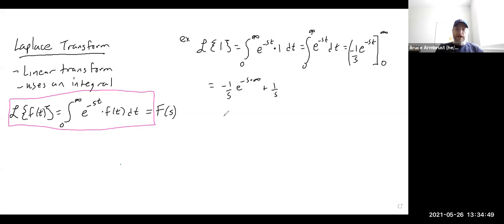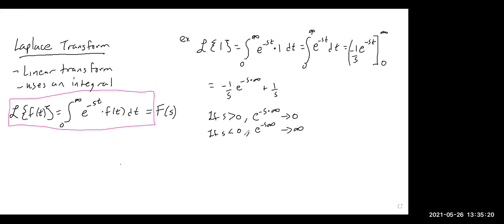If s is positive, so if s is greater than 0, then e to the minus s times infinity is now going to be a negative, really big number in the exponent, and that's going to go to 0. If s is negative, then negative s times infinity is positive, and this blows up to infinity.